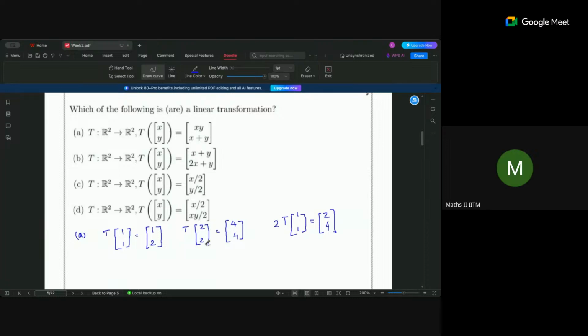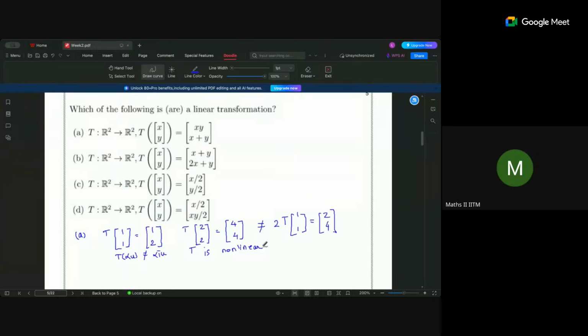Are they equal? T of 2, 2 and 2 times T of 1, 1, are they equal? They are not equal. So it means the scalar multiplication property fails, right? T of alpha u is not equal to alpha T of u. So is T linear or non-linear? T is non-linear.